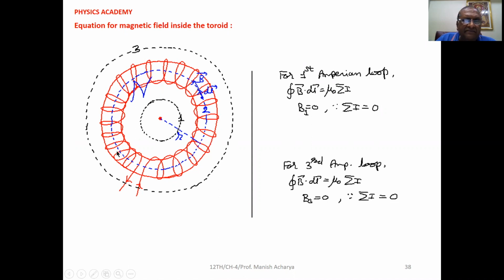Now, if we consider the direction of the magnetic field at any point, it is tangential to the loop, and the line element dl is also tangential.